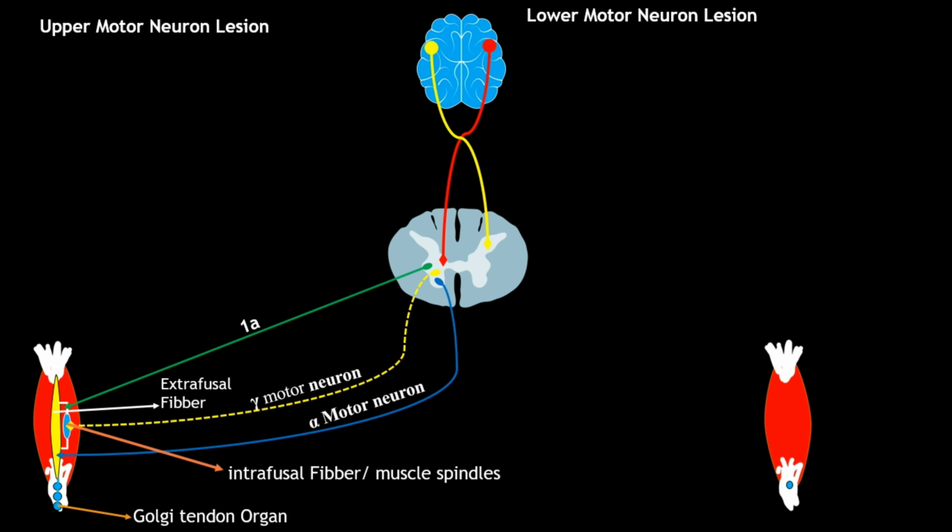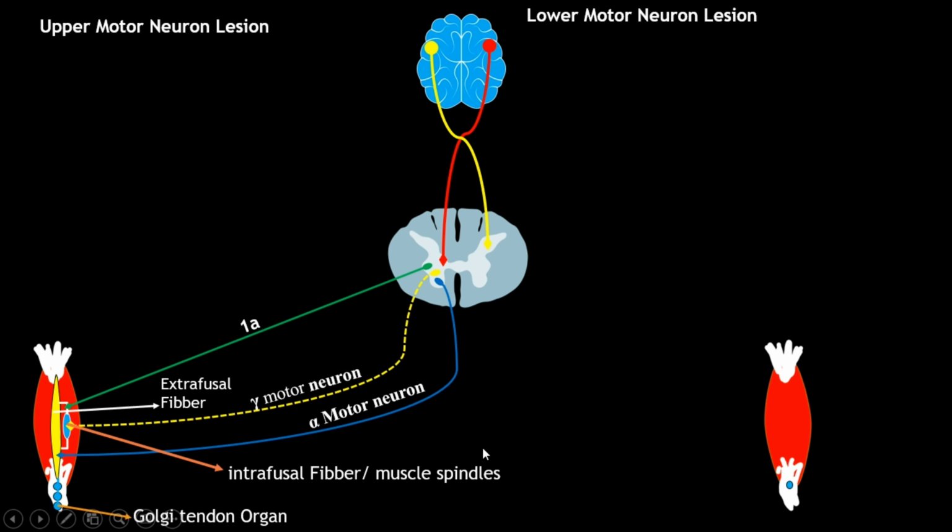The gamma motor neurons will contract the spindle fibers, and when the muscle spindles contract, more action potentials are fired towards the spinal cord, and this leads to the activation of the alpha motor neurons, and this will lead to the activation of the extrafusal fibers, which will result in the contraction of the muscles. So there are many descending pathways. Some are connected with the gamma and some are connected with the alpha.